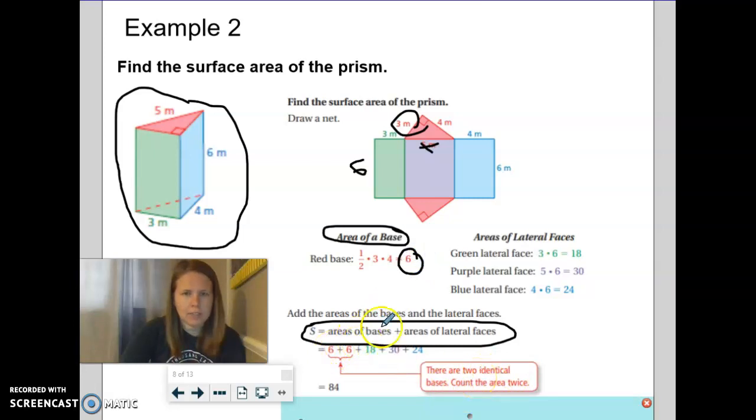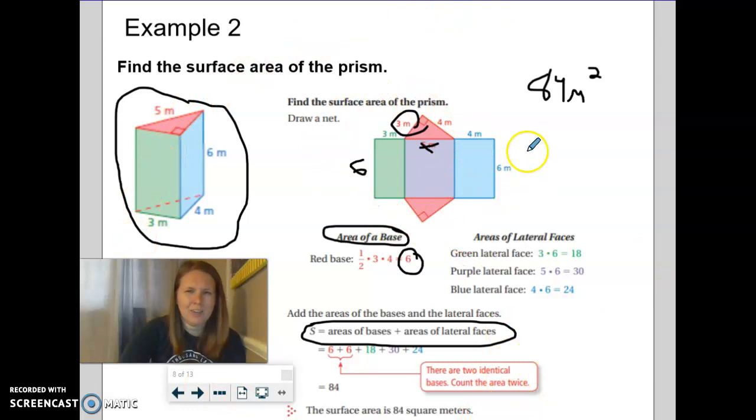So 6 plus 6, and then they go back and add up the other sides, plus 18 plus 30 plus 24, which gives you 84. So your answer is 84 meters. And remember, you got to square the unit. The surface area is 84 square meters. Again, pause it if you need to. The trickiest part, I think, is drawing out this shape and understanding where all of the numbers go.